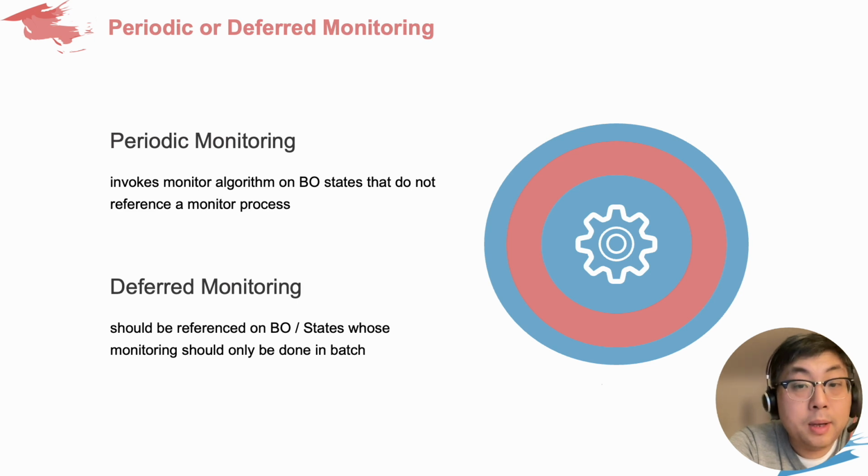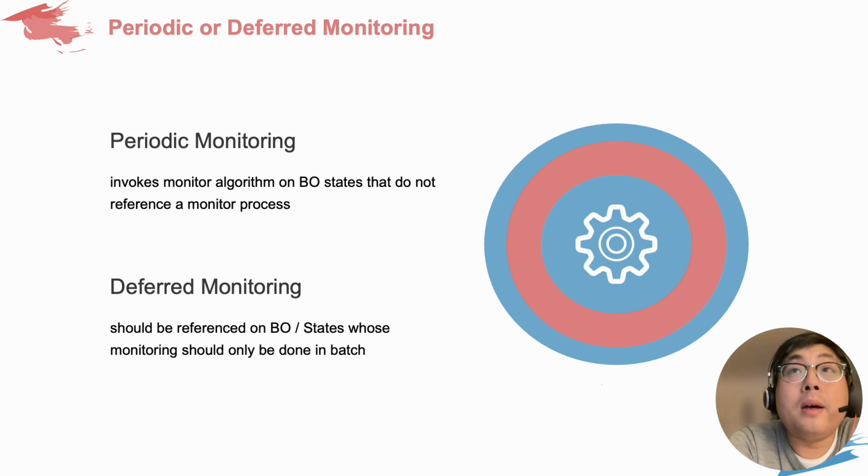That means even if you don't define a monitor process on the state, periodic monitoring is able to pick up the monitor algorithm and run it. This is quite often used when you don't have dependency between objects, because you don't have to run the monitor algorithm in a particular sequence.